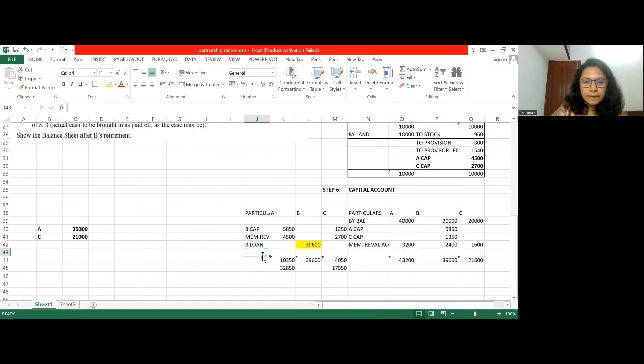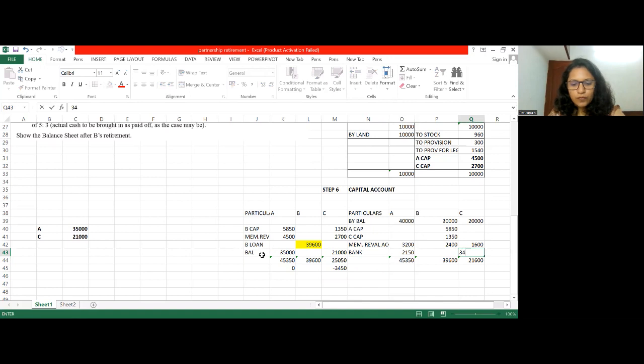So balance should be 35,000 and 21,000 over here. So both of them need to bring in a certain amount through bank, 2,150 and 3,450. Okay, this is your balancing figure.